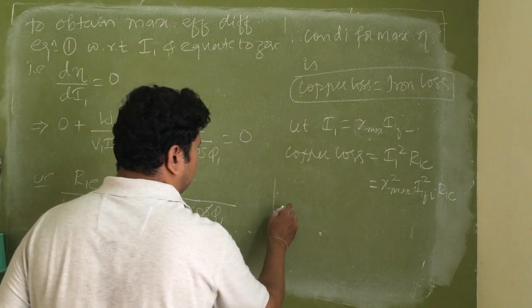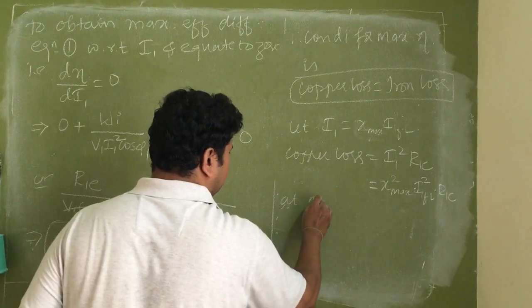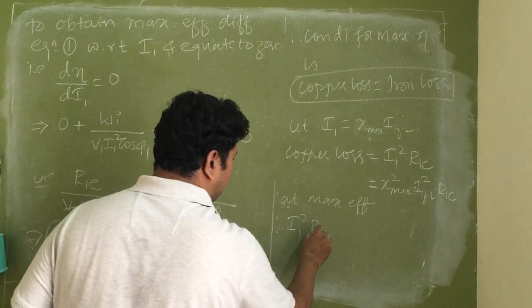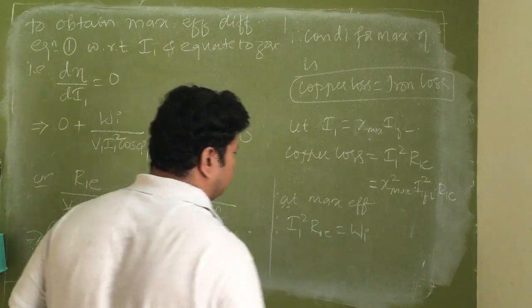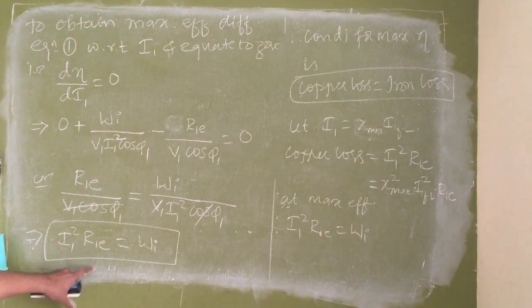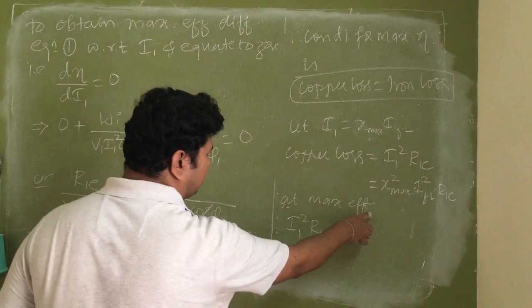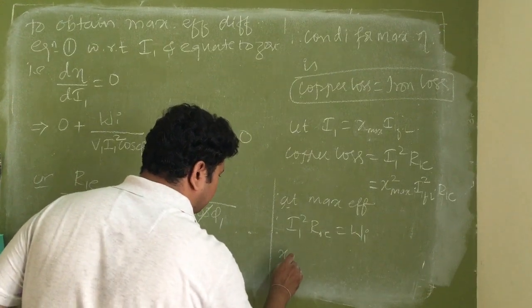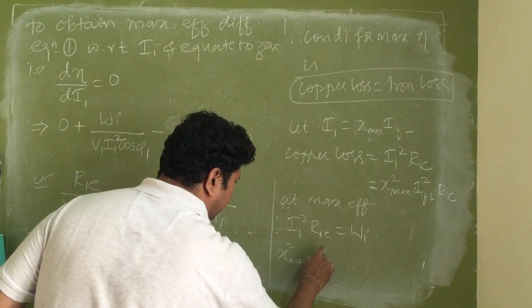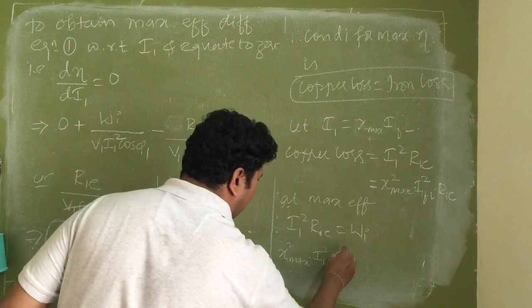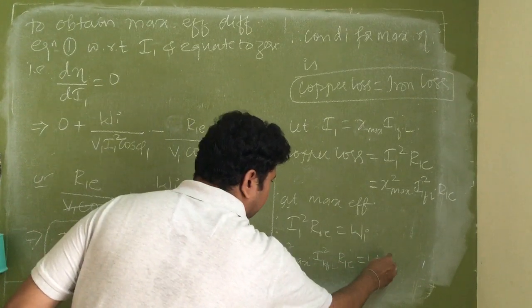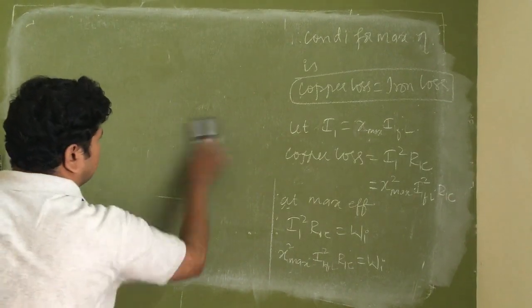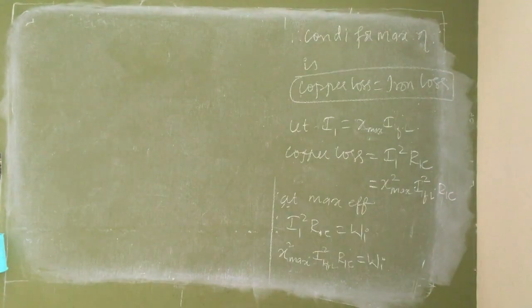Okay. So therefore, at maximum efficiency, I1 square R1E is equal to Wi from this equation. Now what is I1 square R1E? It is x max square into I1 square full load R1E, which is equal to Wi.